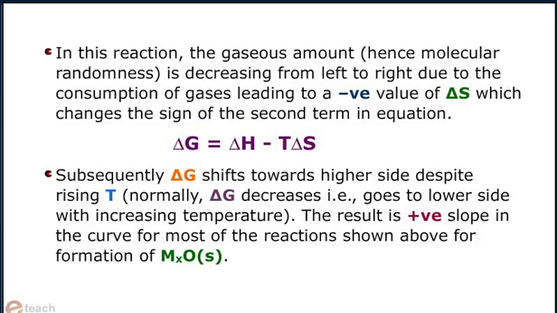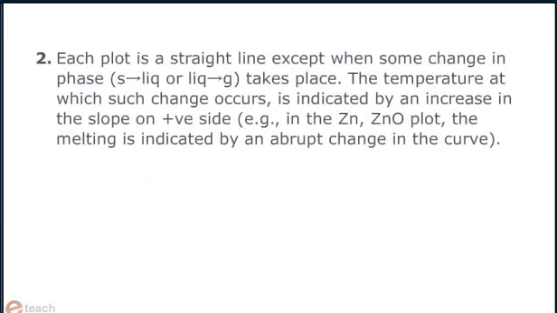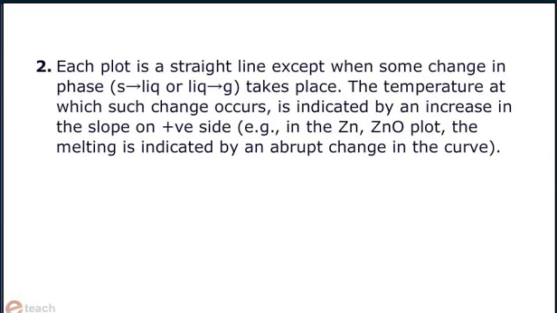Normally, ΔG decreases, that is, goes to the lower side with increasing temperature. The result is a positive slope in the curve for most of the reactions shown above for the formation of MxO(s). Each plot is a straight line except when some change in phase, solid, liquid or gas, takes place.